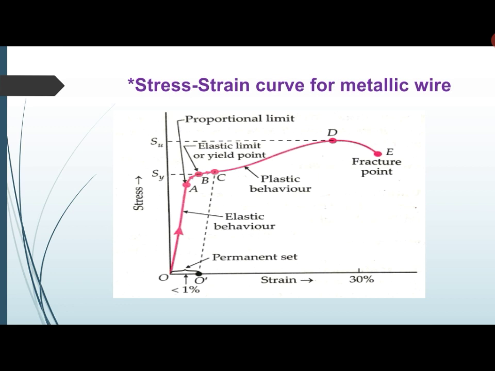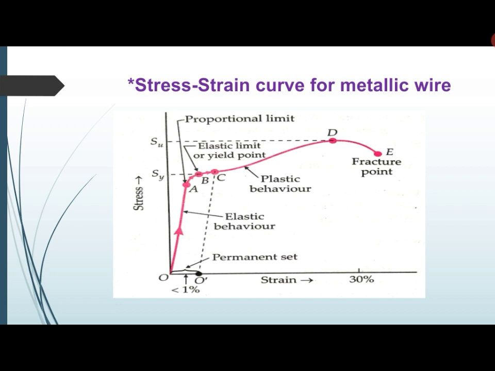The stress corresponding to the highest point D is known as the ultimate strength or the tensile strength of the material, and you know that the tensile strength is the ratio of maximum load to which the wire can be subjected by slowly increasing the load, to the original area of the cross section of wire.